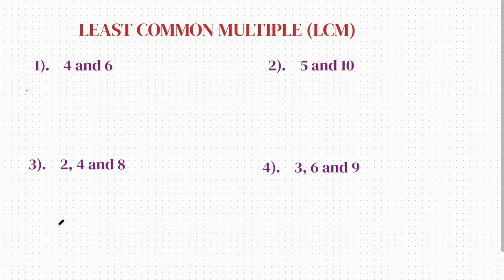So the first example on screen asks us to find the LCM of 4 and 6. Remember, we're going to list the multiples of 4, and we're going to list the multiples of 6, and then we're going to find the first common or same value.